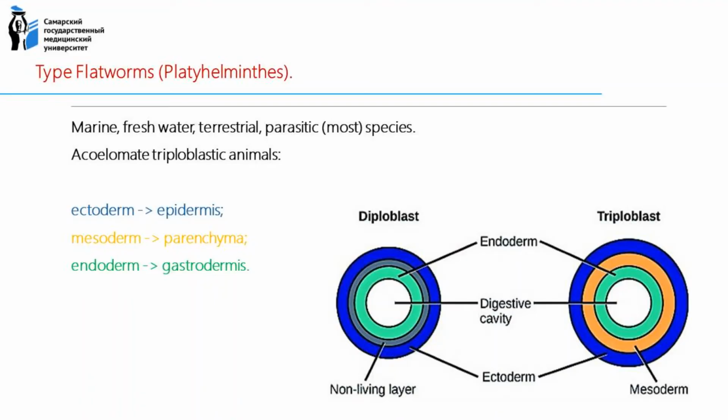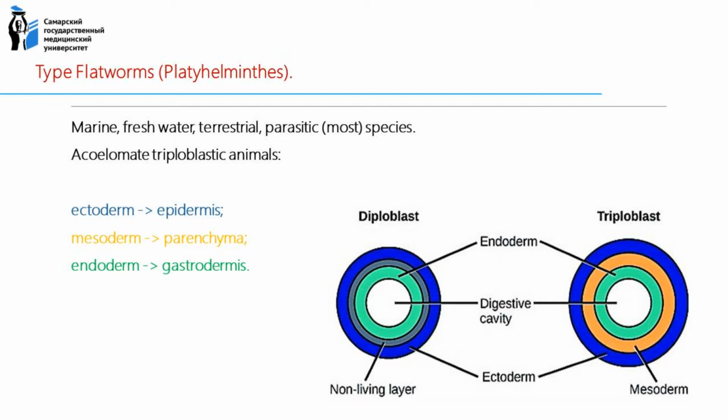The type flatworms includes marine species, freshwater, terrestrial, and the most parasitic species. These are acoelomate animals, so they don't have a body cavity or coelom around the digestive system.